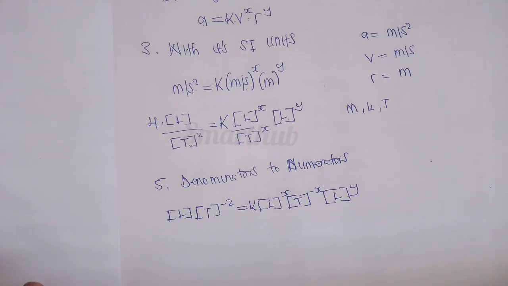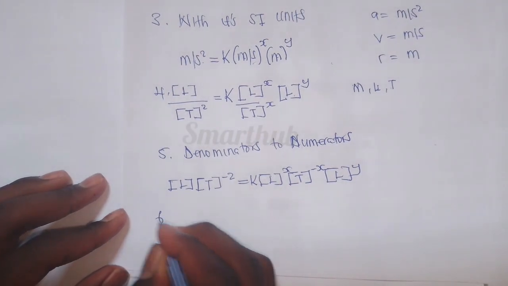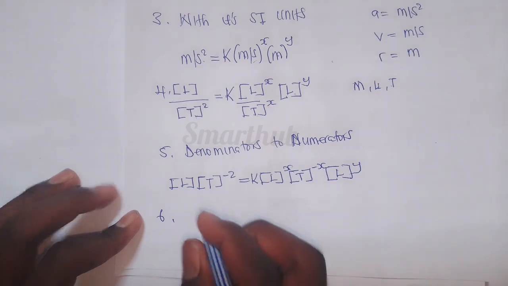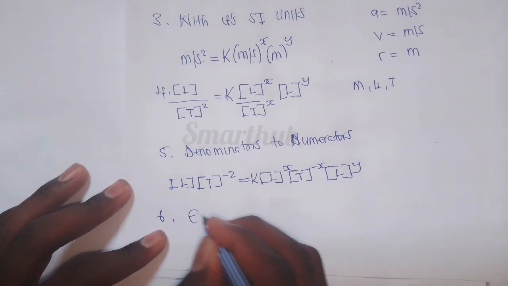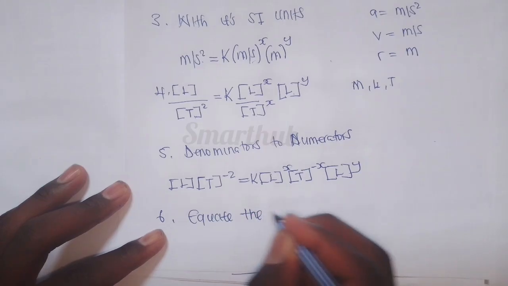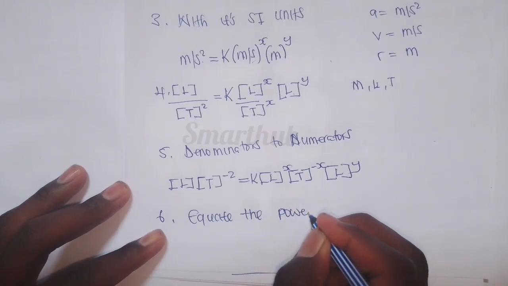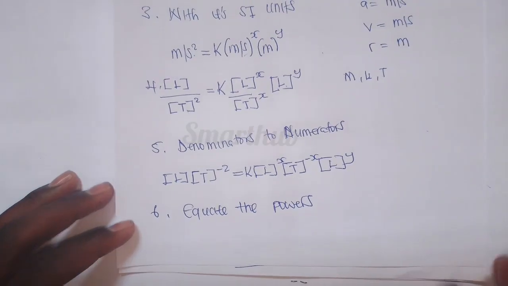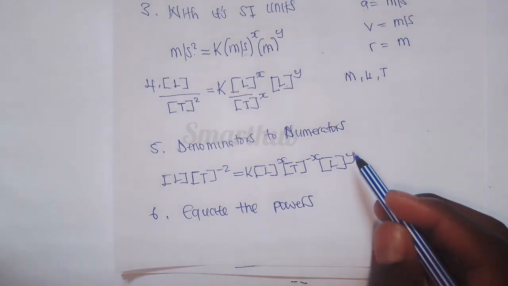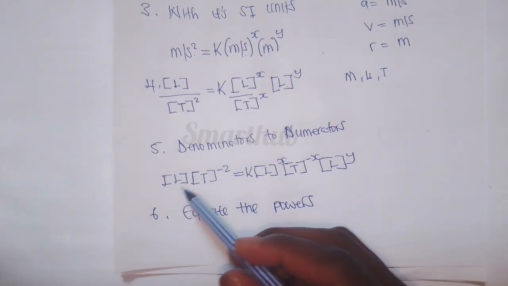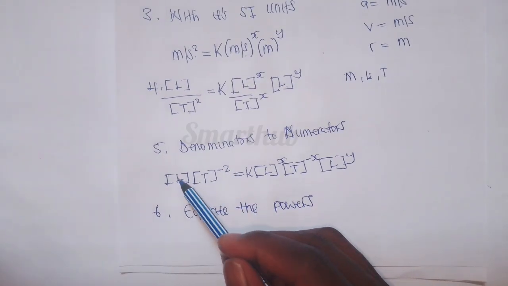Let's go to step number 6. So step number 6, we now equate the powers. Okay, so we have this one, this one, this one, this one. What about this one? What are we going to do about this one?